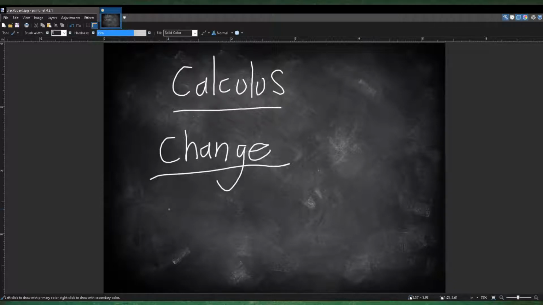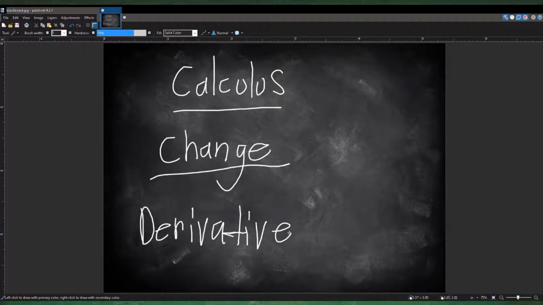So, the idea of derivatives is to basically find velocity and acceleration. You might have heard this in physics or elementary math, or from algebra to pre-calculus.